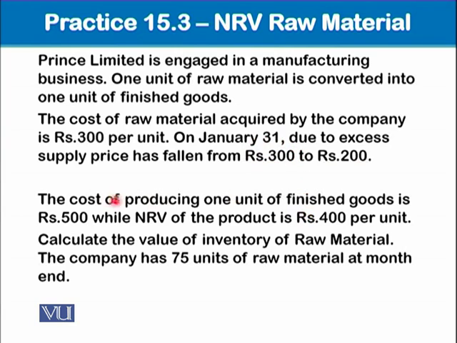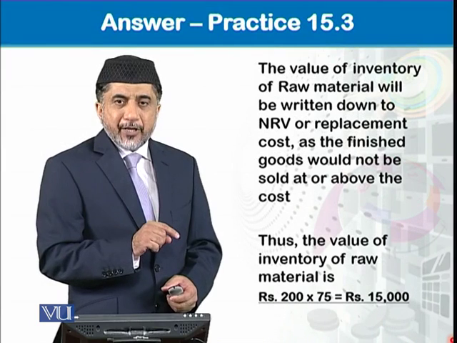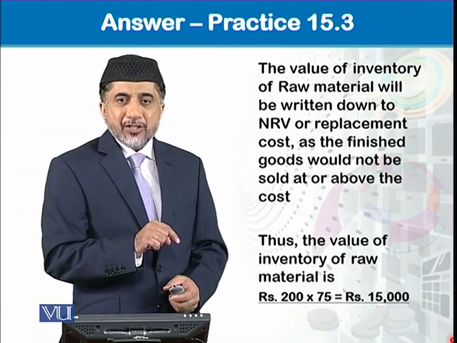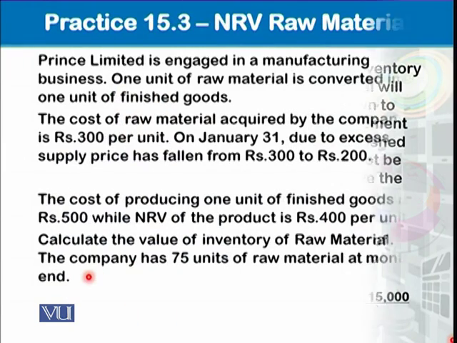since our cost of finished product is 500 and we are not able to recover that cost. This 300 was part of 500 that could not be recovered in full. Therefore, this raw material will be measured at 200. Our inventory in this case was 75 units.